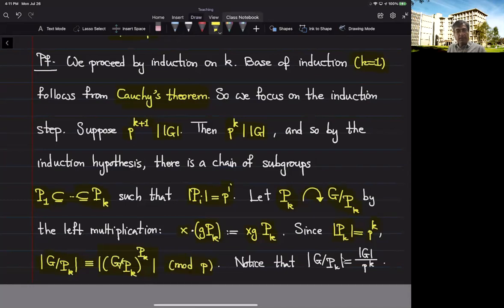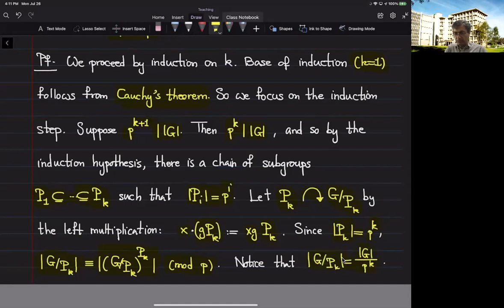So modulo p, the number of fixed points is congruent to the cardinality of G mod out by P sub k. But remember, G mod out by P sub k, by Lagrange's theorem, is simply the cardinality of G divided by the cardinality of this group, which is p raised to power k.